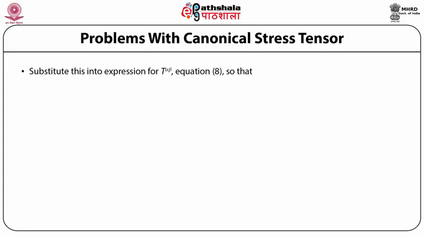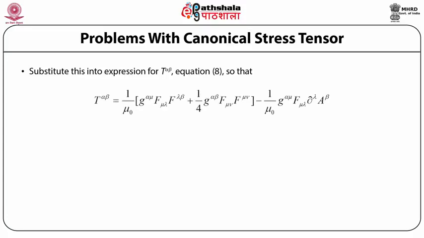On substituting this into the expression for T^{αβ}, we get T^{αβ} = (1/μ₀)[g^{αμ} F_{μλ} F^{λβ} + (1/4) g^{αβ} F_{μν} F^{μν}] − (1/μ₀) g^{αμ} F_{μλ} ∂^λ A^β. The first two terms are gauge invariant and symmetric.